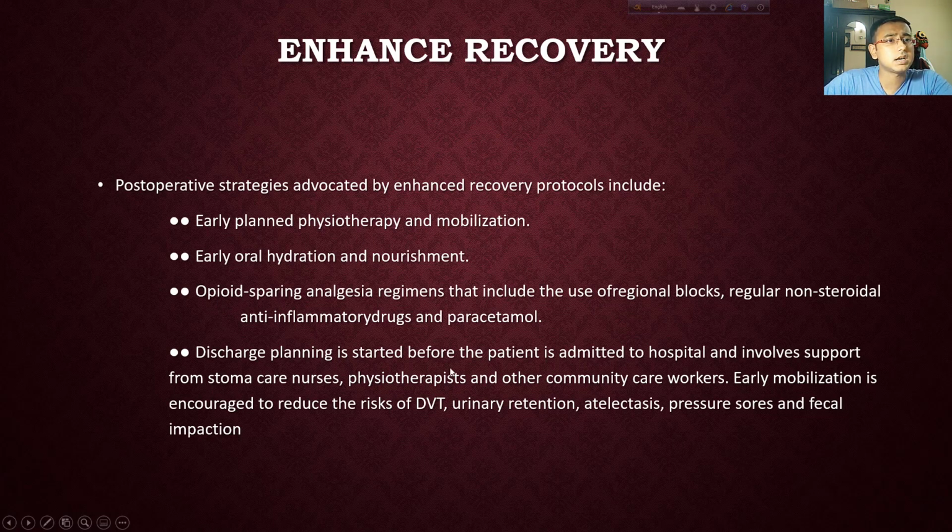Discharge planning is started before the patient is admitted to hospital. That involves support from the stoma care nurses, physiotherapists and other community care workers. So first of all, before surgery we must counsel the patient about when they will be discharged from the hospital. That must be told to the patient, because it will give some psychological support.